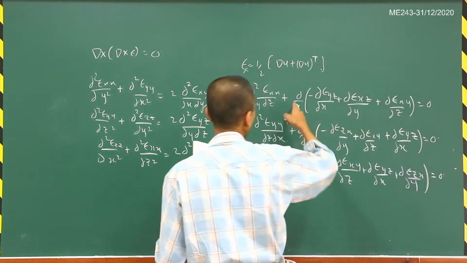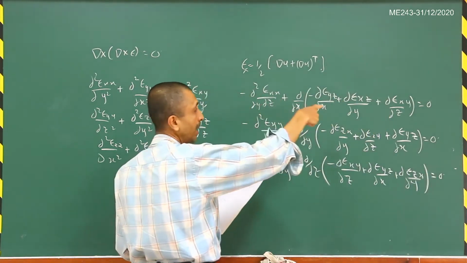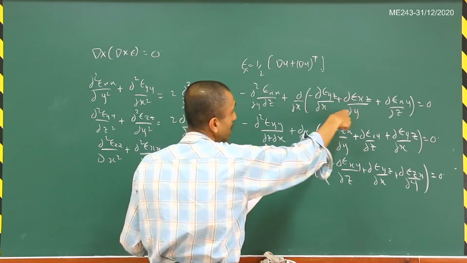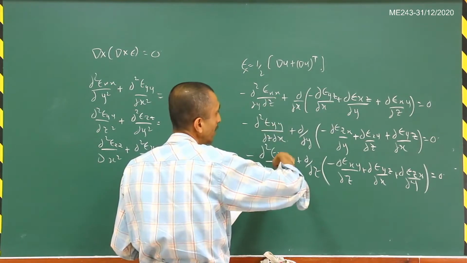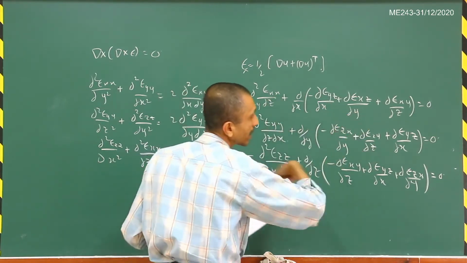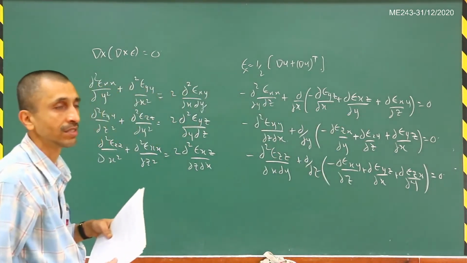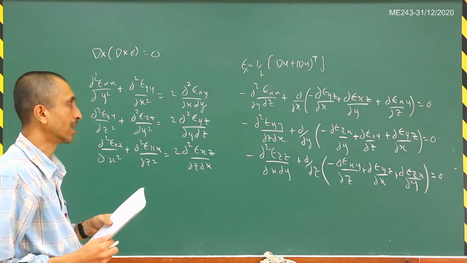So again, if you write the first of these particular relations, which involves the shear components here, then again you permute x to y, y to z, you will get the remaining 2. So these are the 6 compatibility relations in the Cartesian coordinate system here.